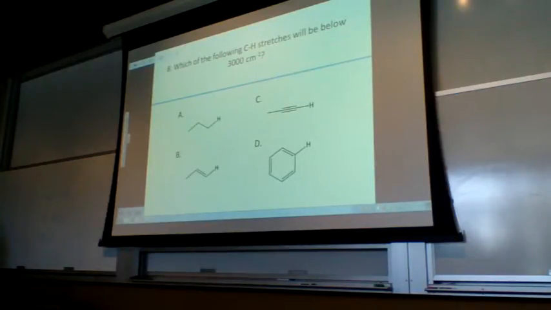Which of the following CH stretches will be below 3,000 centimeters in this one?